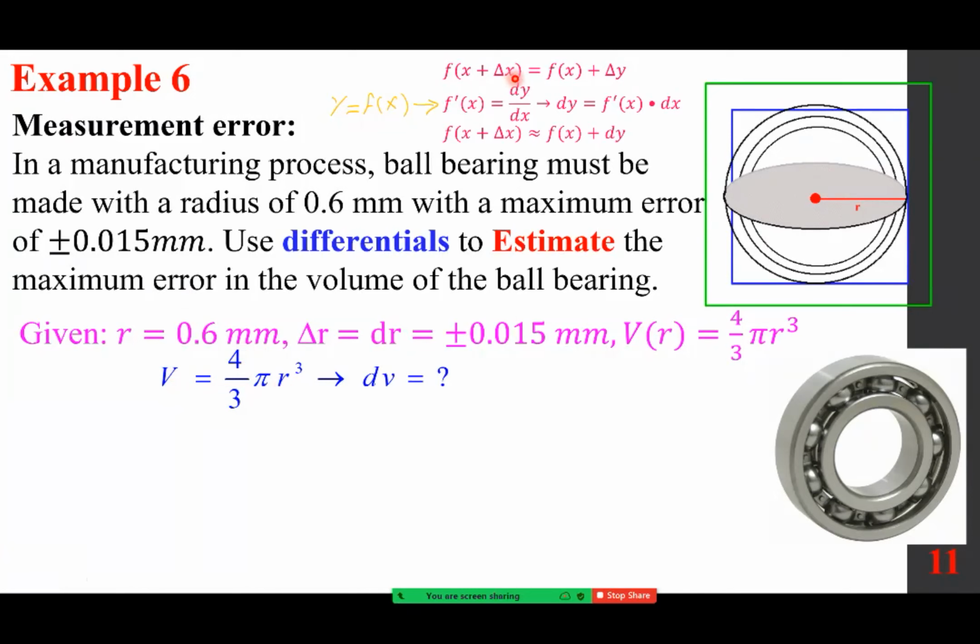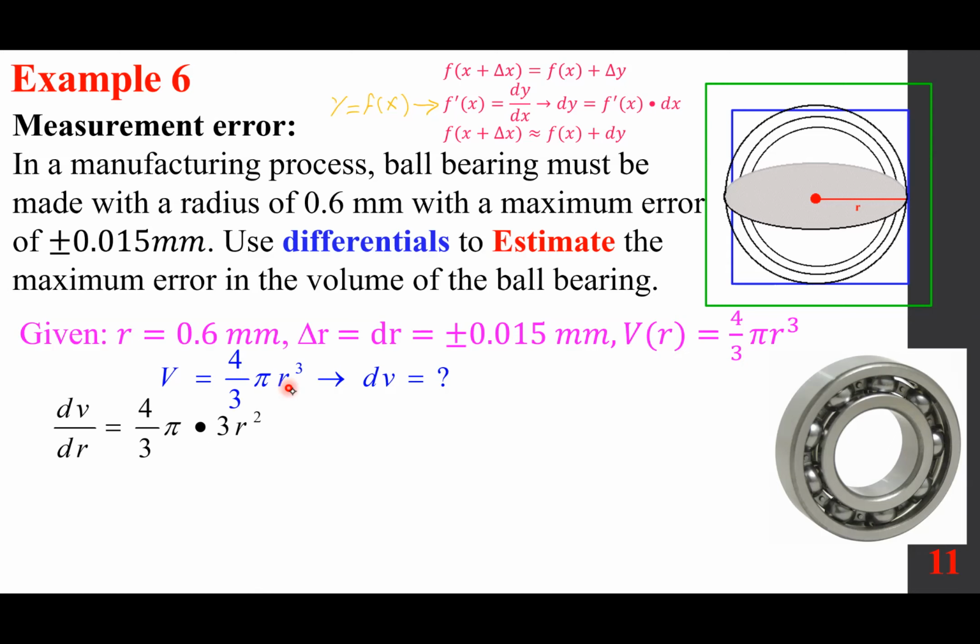So f prime of x is dy dx. So what we want here, because the independent variable is r, we want dV dr. And dV dr, we've done it before. Basically, it's 4/3 pi times, now differentiate r cubed, 3r squared.